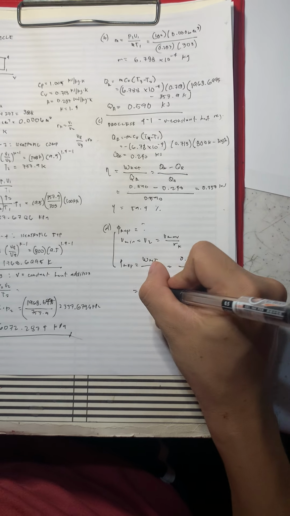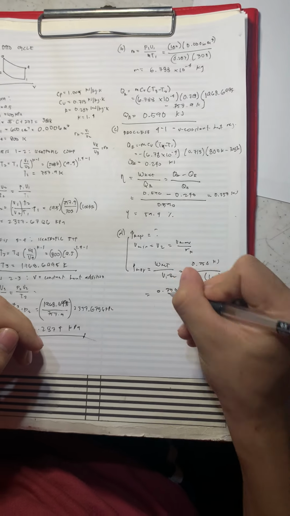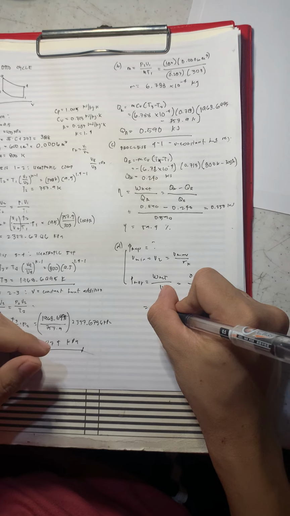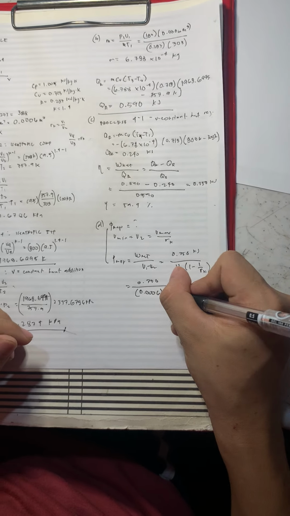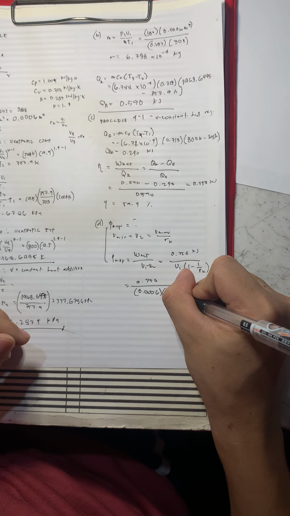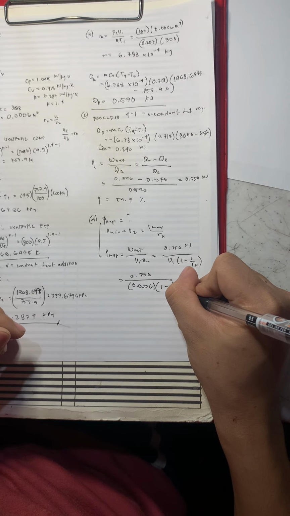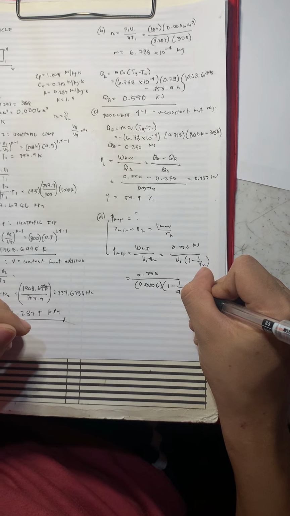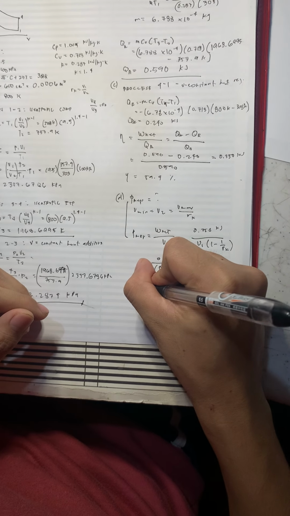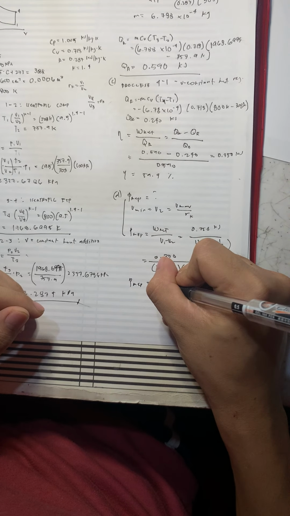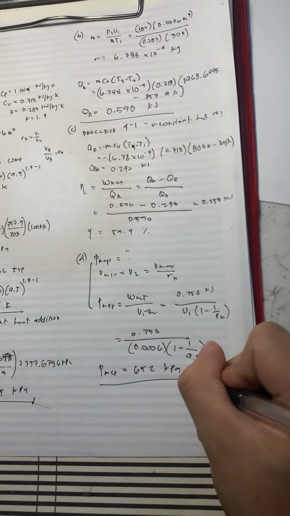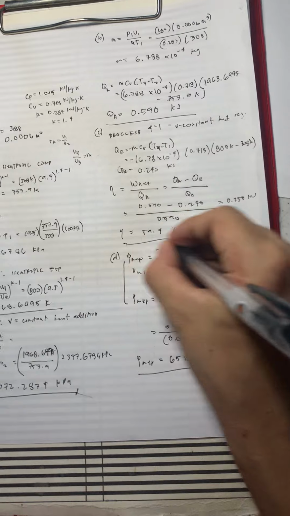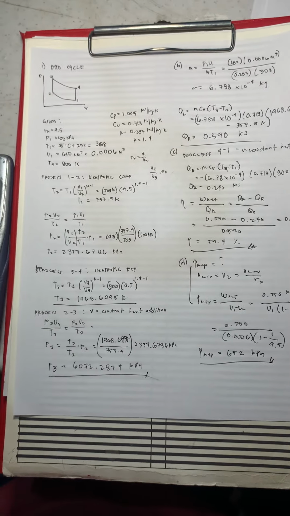Now solving for this, 0.350 over V1, which is 0.0006 cubic meter, times 1 minus 1 over 9.5. MEP is equal to 652 kPa. There. Thank you.